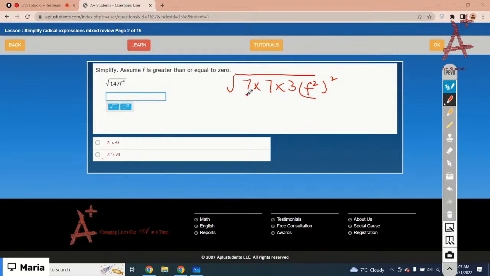Got it? It would be then 7 square and f square squared times 3. So you can write them as the square root of 7 square and f square squared and square root 3. Got it? So the squares and the square root cancel out. You are left with 7 f square square root 3. Got it? So which of the options is the correct one? Option number 2 is the correct option. It would be 7 f square square root 3. Got it?